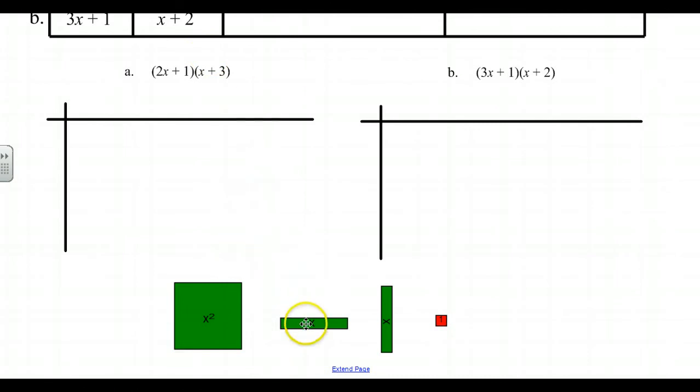I'm going to move the 2x plus 1 up here, so I've got x, 2x plus 1, and then on the side, for the width, I've got x plus 3.